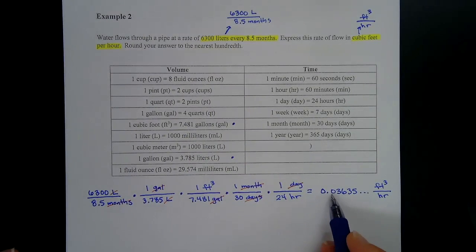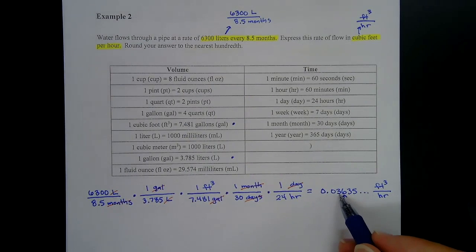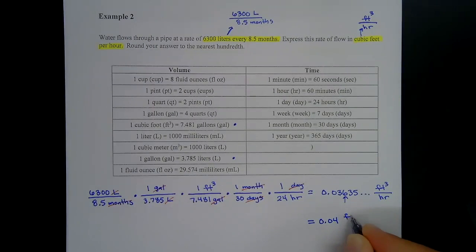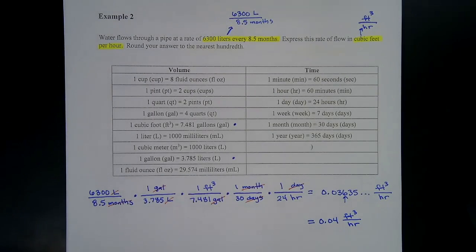So that means I need to look at the third decimal place, which is this 6 right here, right? So that's the third decimal place. It's 5 or larger, so we need to round this 3 up by 1. It's actually closer to 4 than it is to 3. Okay, so that's why we're going to make it 4. So this is equal to 0.04 cubic feet per hour, okay? And that's it. That's how you convert rates, okay?